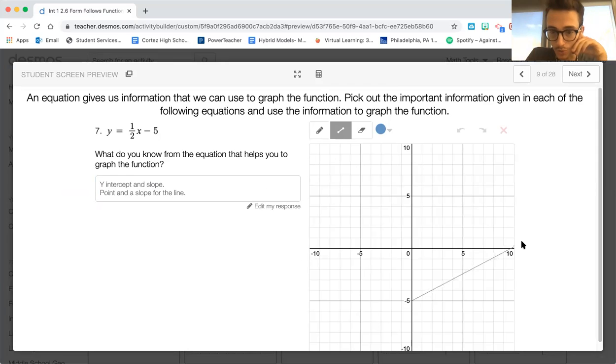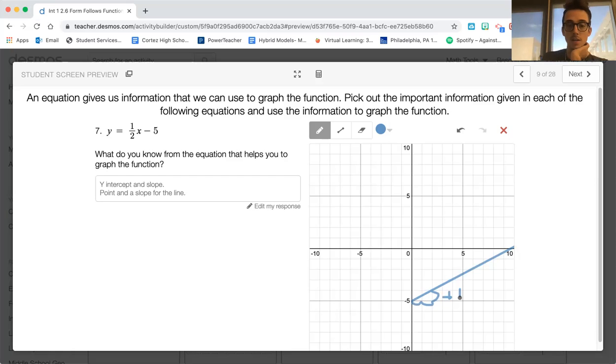And I'll actually show that change. So again, I started at -5. I went over 2, up 1. Because again, it's a positive slope, so I know it has to go up and to the right. I'll continue this line so that you don't think I forgot about it and got lazy. All right, boom.